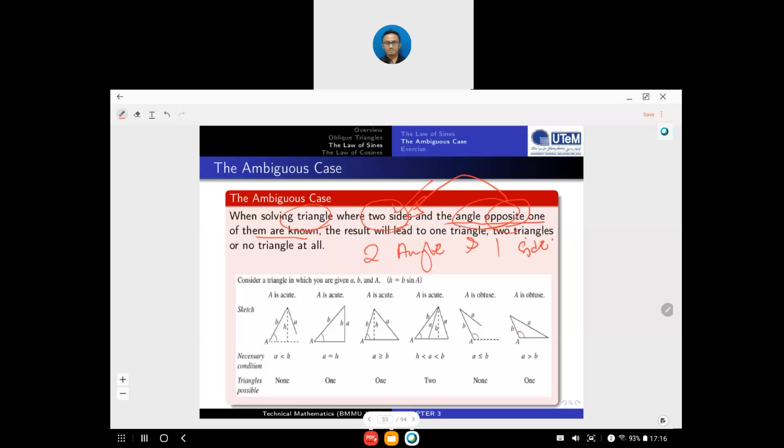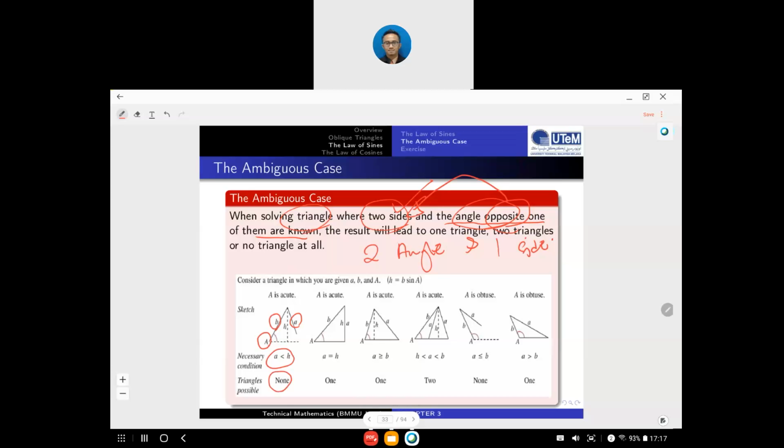Okay, in order to identify this, we have several types of triangle. You can assume first. So when A means that you know this angle and you know the lengths A and B. When A, the length that you know, is less than h, then this one does not exist as any triangle.